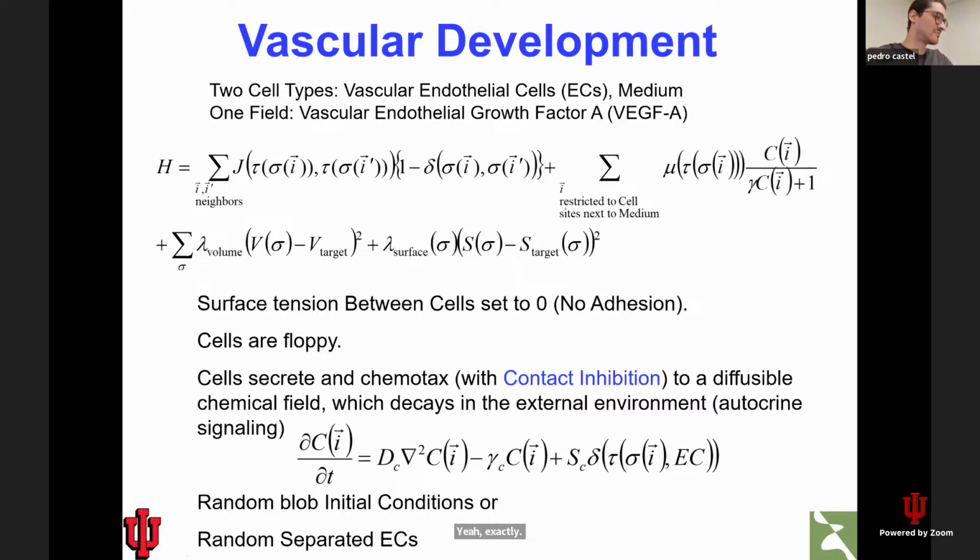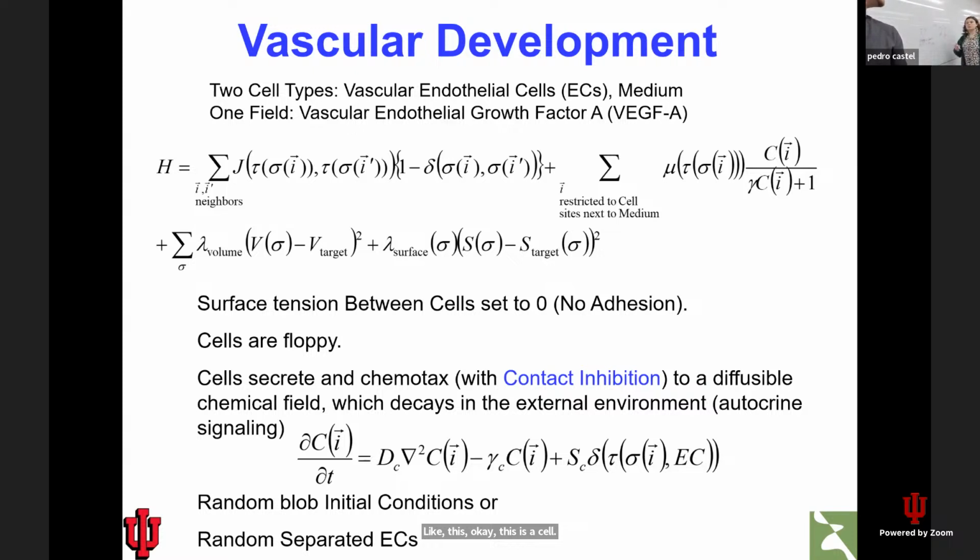Coordinates, the cells. EC is just another cell, an endothelial cell. EC is the type, endothelial cell. Okay, so tau is comparing the type of the inputted cell to the inputted type. This is a cell type.